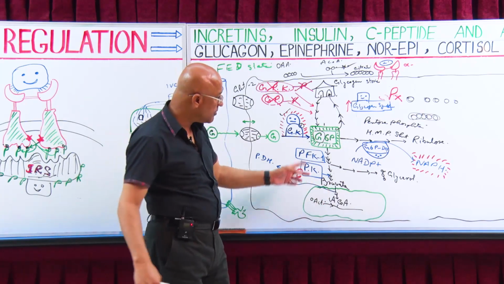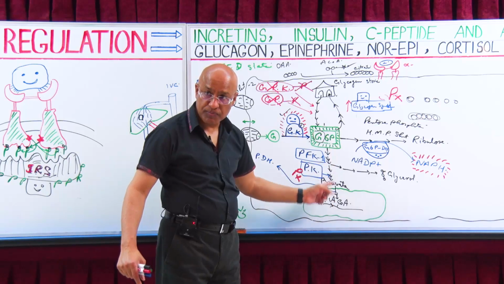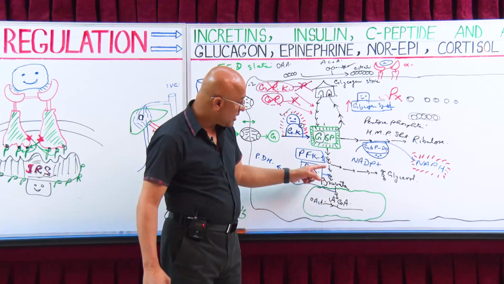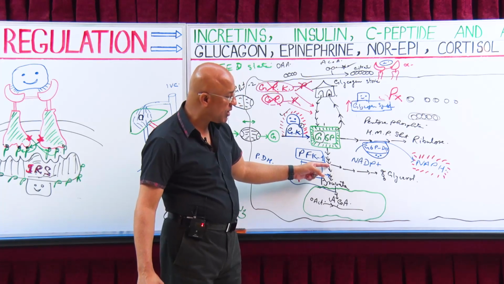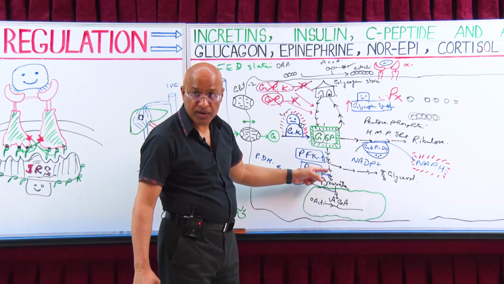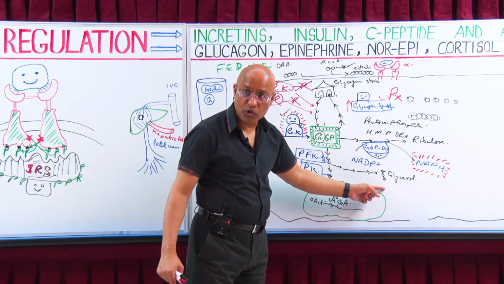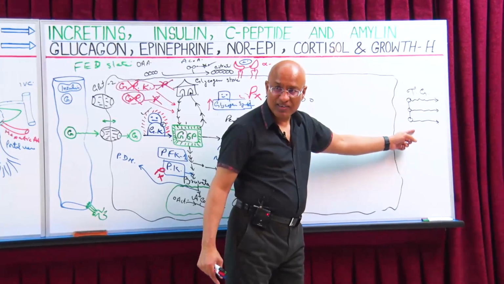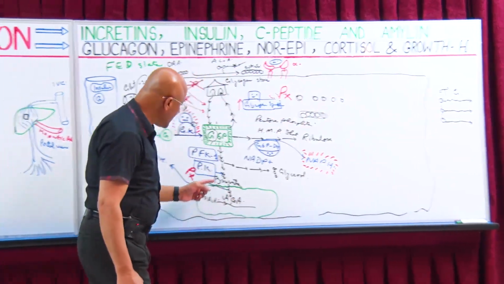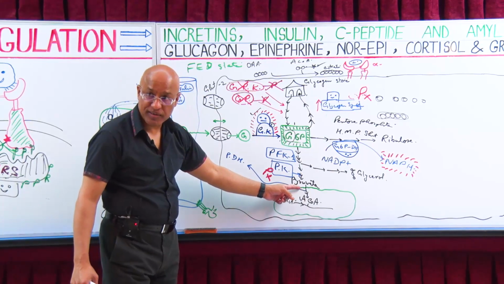Then more glucose comes, it still superactivates the, what is this pathway? Glycolytic pathway. On the way, some of the metabolites of the glycolytic pathway in mid pathway will convert into glycerol. That glycerol will in future help in the formation of triglycerides.